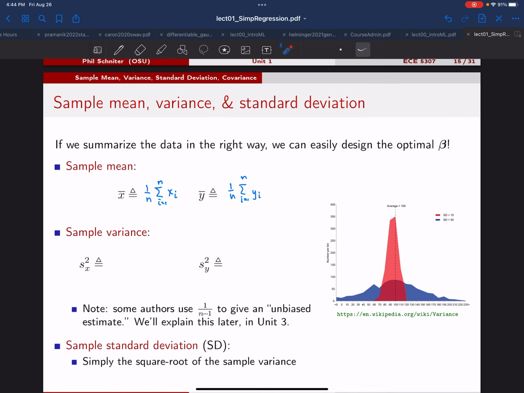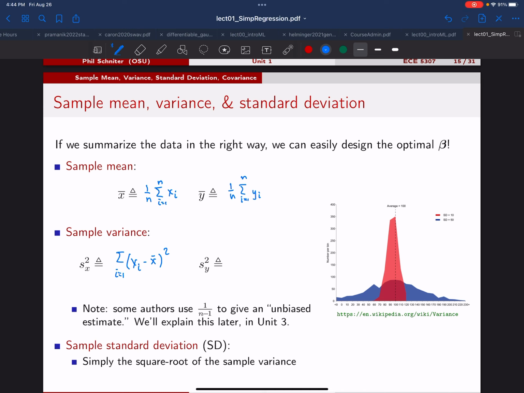You also might care, well, how much does the data vary from its average? That's what the variance tells you. So this is the sample variance, which is just something you can compute directly from the data itself. So you take the sample xi, you subtract its mean. So now you have the difference from the mean, and now you just look at the average squared value of that difference.